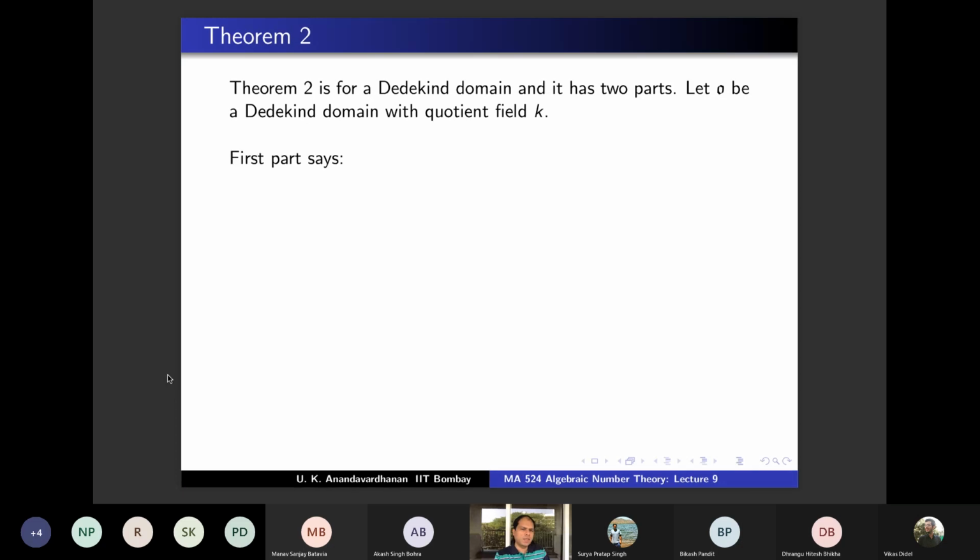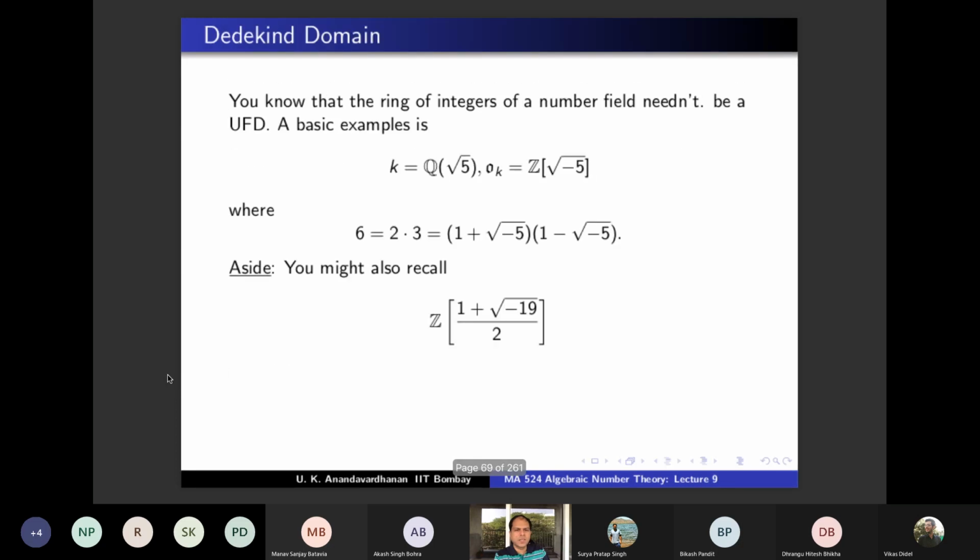The first part says that unique factorization is true at the level of ideals. That was the point of this example. Rings of integers are Dedekind domains, but in Dedekind domains unique factorization need not be true. Dedekind domains need not be UFDs, as this basic example shows. But what is true is that at the level of ideals it holds. What is the meaning of that?